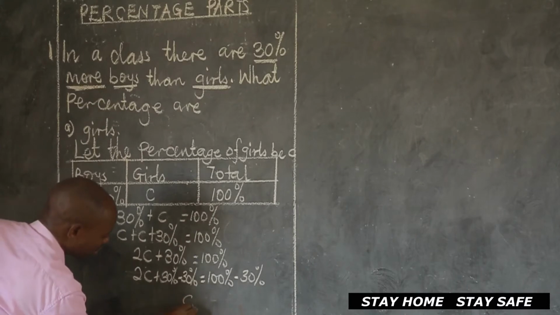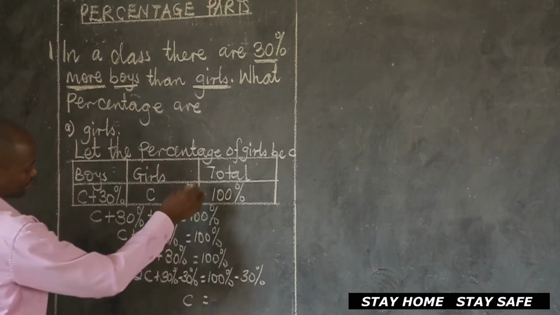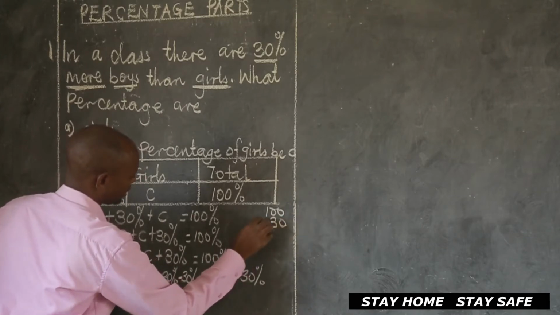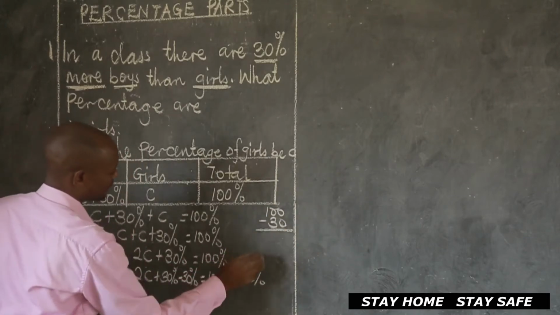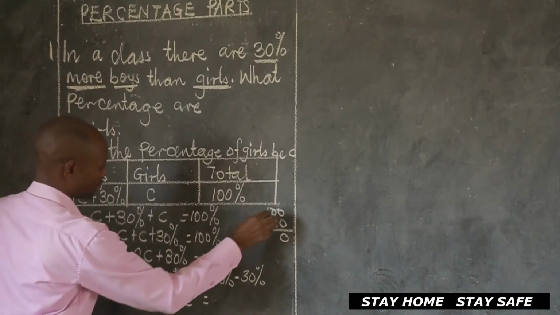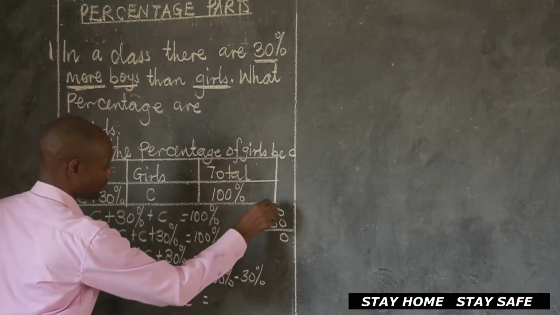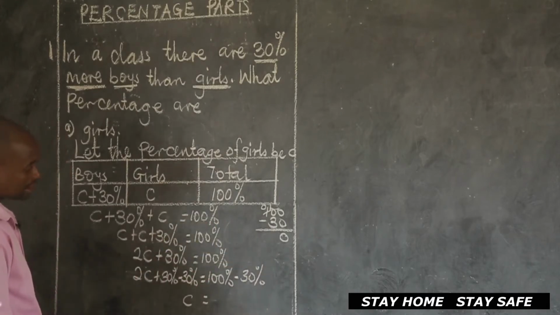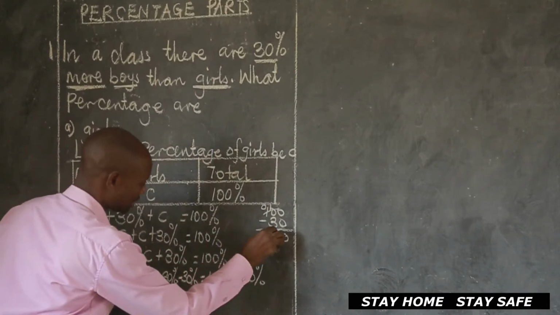This one will give us a 0. We remain with the 2C, which is equal to, subtract vertically, 100 take away 30. 0 take away 0 is 0. 0 take away 3, we have to regroup, that is 10. So 10 take away 3, what do we get? Yeah, that's good, 70.